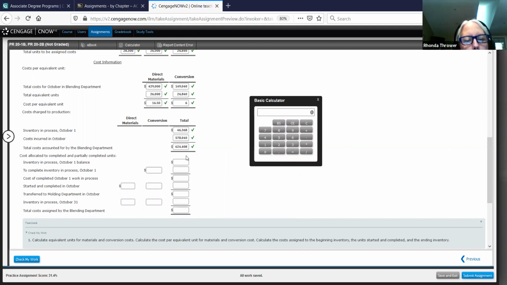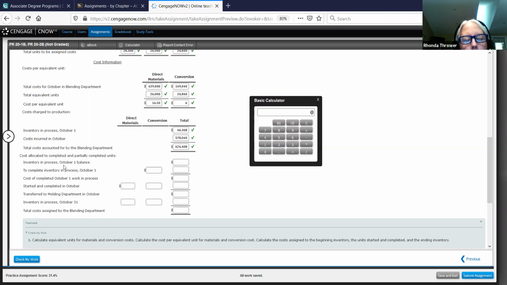In the next portion of the cost of production report, we're going to do a breakdown of these costs to further analyze what they are made up of. Notice there's going to be a column for our materials and a column for our conversion. The cost allocated to completed and partially completed units are going to be as follows.